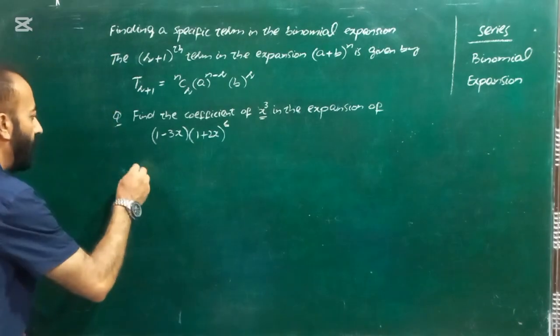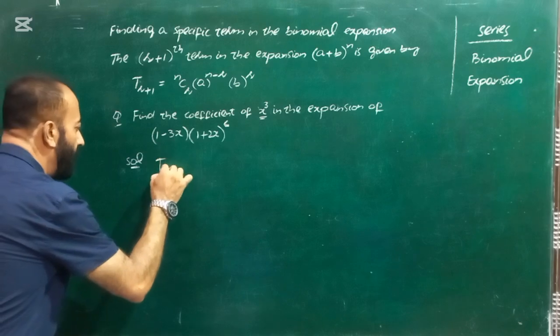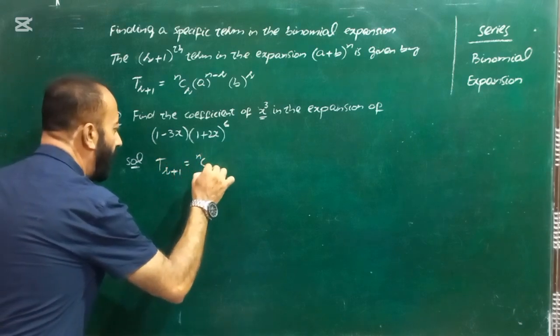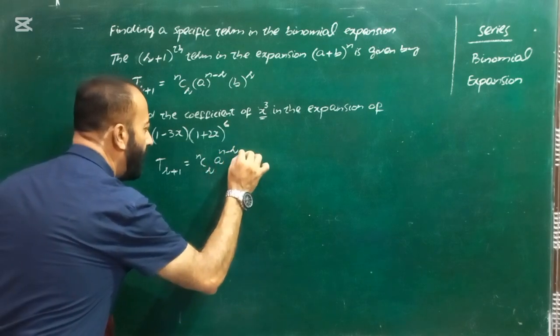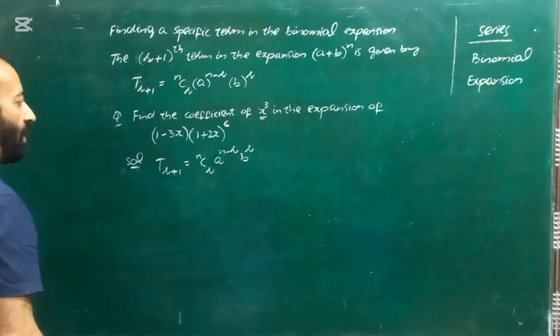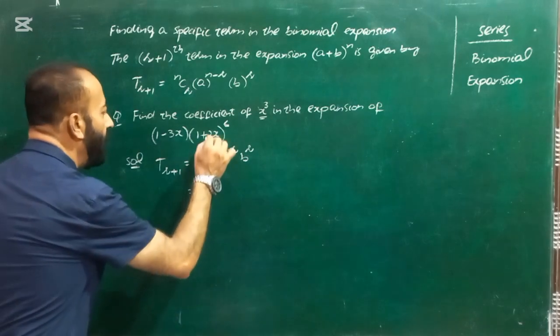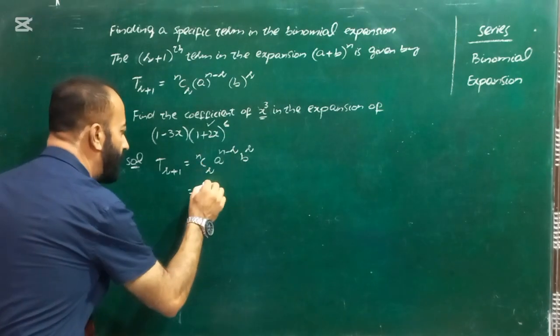So look now, solution is here. Tr plus 1 is equal to ncr a raised to the power n minus r and b raised to the power r. That is the formula that will be used for finding a specific term. So look now, we are using this bracket. So n is 6.